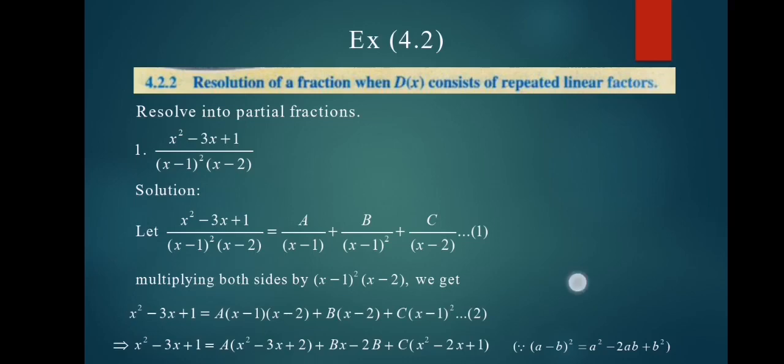In these sums, we also expand the given terms. So here first we will multiply x minus 1 and x minus 2, and then we will expand x minus 1 whole square by using the formula of a minus b whole square is equal to a square minus 2ab plus b square. So it will be x square minus 3x plus 1 is equal to a into x square minus 3x plus 2 plus bx minus 2b plus c into x square minus 2x plus 1.